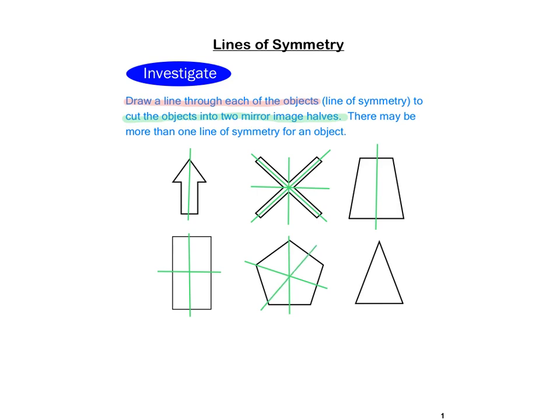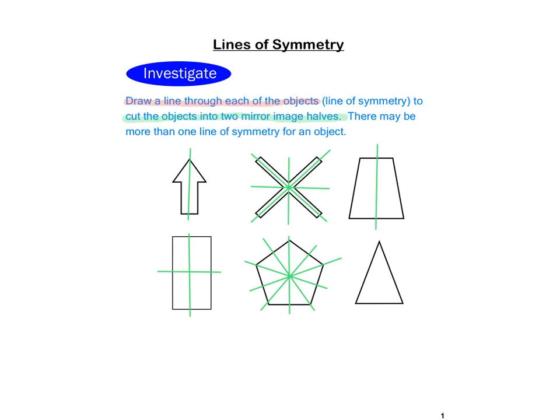Any more? Sure. And is there any others? And there we go. So the pentagon has 5 lines of symmetry. 5 lines that you can draw through it to cut in half.